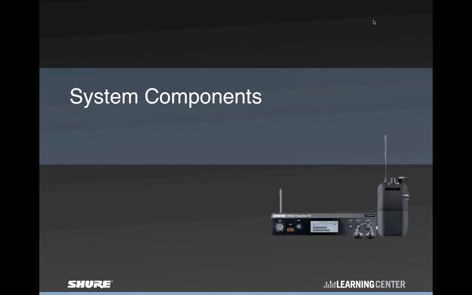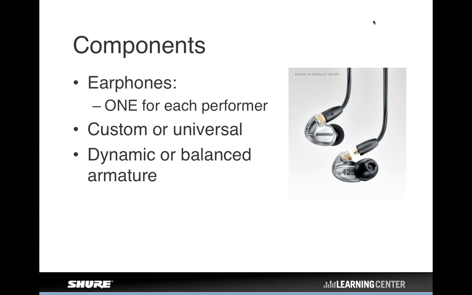So first of all, let's give you an overview of the components that make up a personal monitor system. What are the things that you're going to need to have a system like this work? Most obvious one is the earphones, right? If you don't have earphones, then you can't hear anything. And these are a very particular type of earphone that you want to use with an in-ear monitor system, because it's very important that you have an isolating earphone, something that blocks out loud, unwanted, or ambient sounds on stage.